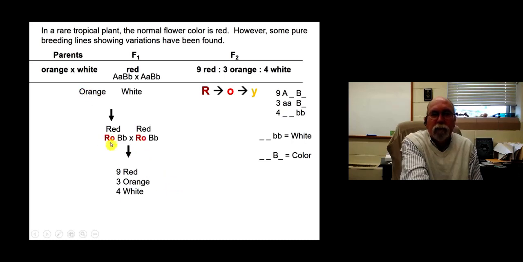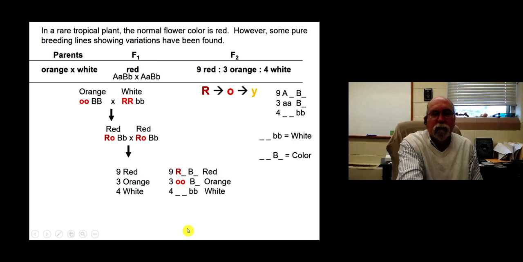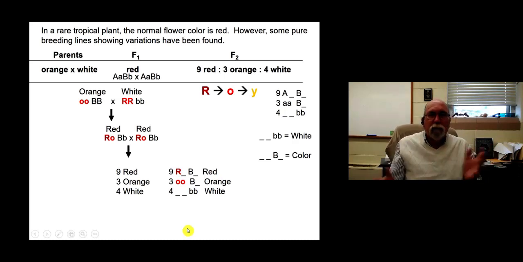We need some reds, we need some orange, we need some color, we need some lack of color. Crossing those together, that's the same as this up here. Yes, well, this is an orange individual that's true breeding. We end up with this. This is a white one, but we need to know that it's hiding the red allele, so it's there, okay? And we get a 9, 3, 4. Wow, okay, that seemed horrible at first, but simple Mendelian, and we just have to deal with the fact that we've got 3 alleles. All right.